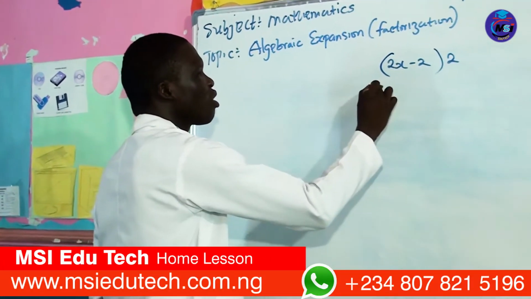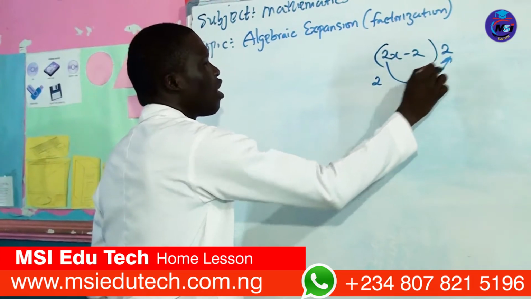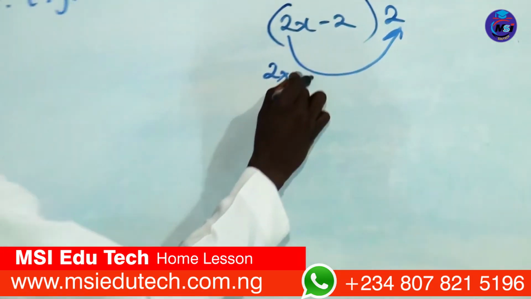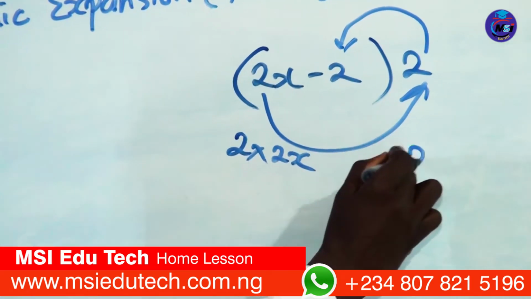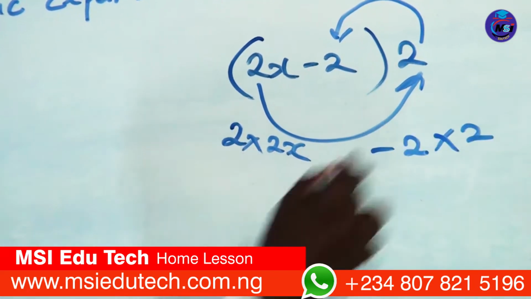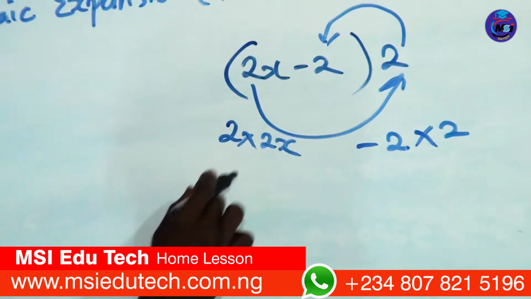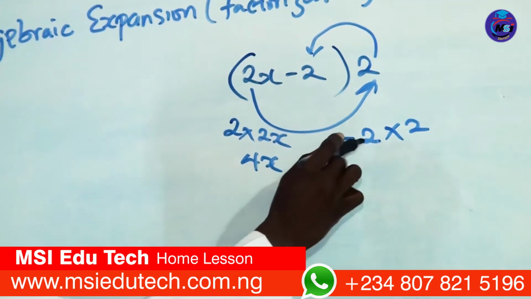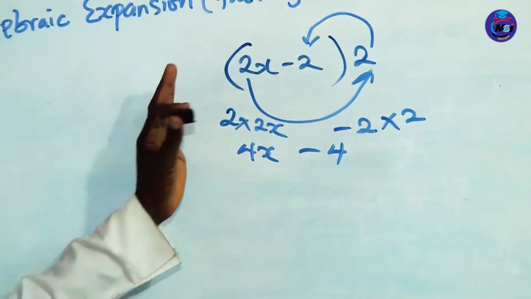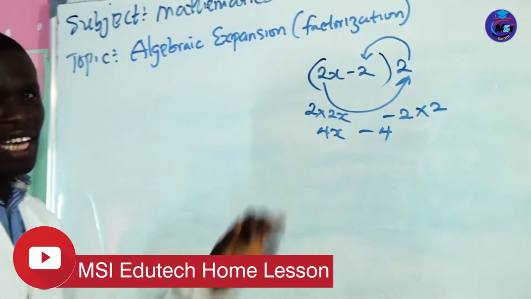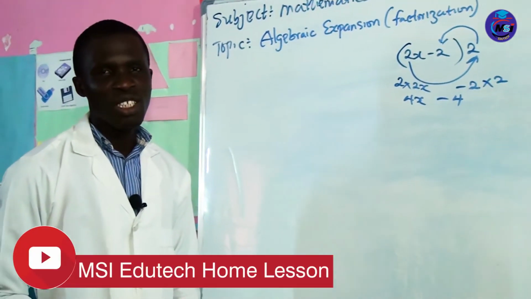Just say 2 times 2x minus 2 times 2. 2 times 2x will give us 4x, minus 2 times 2 will give us minus 4. So we've expanded this, and that is what expansion is all about.